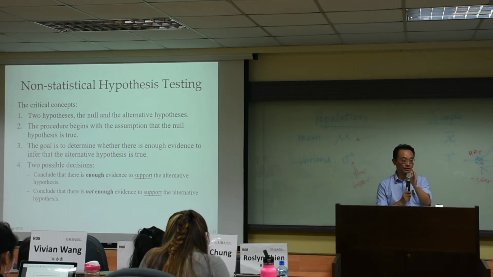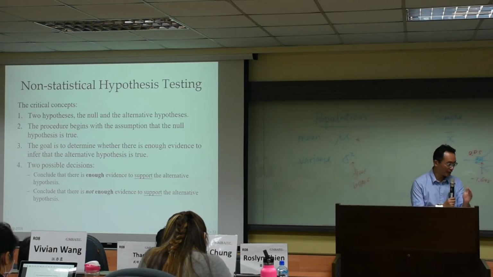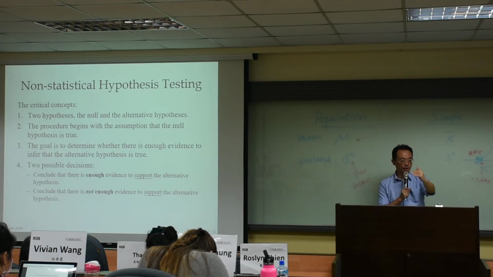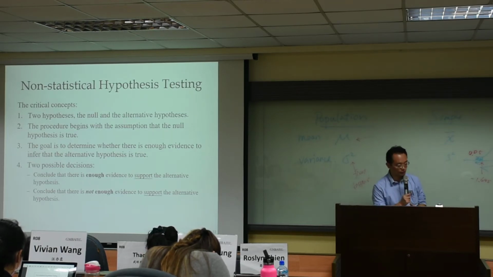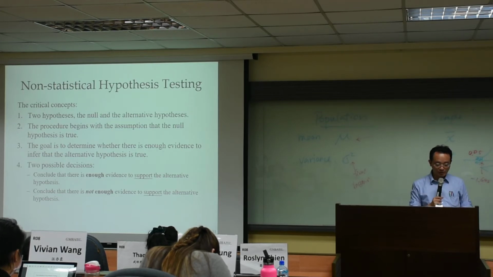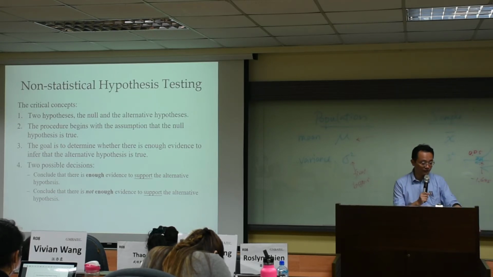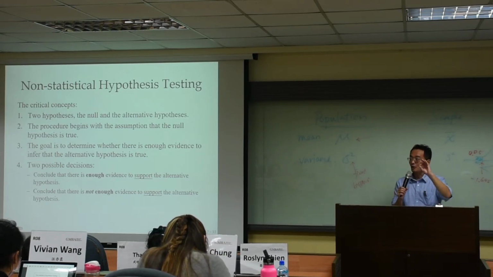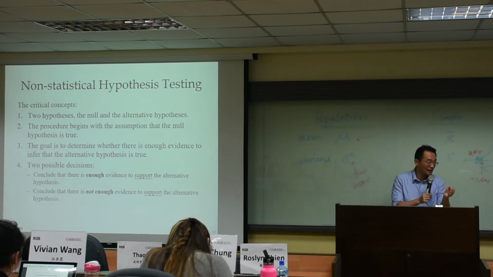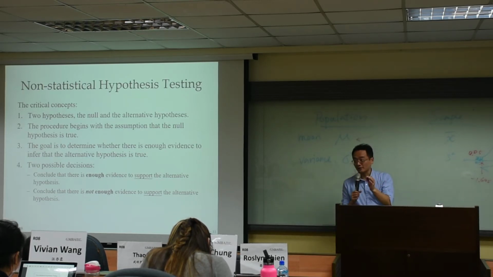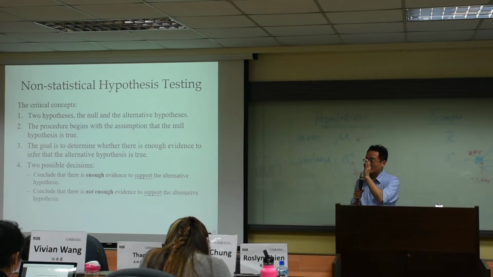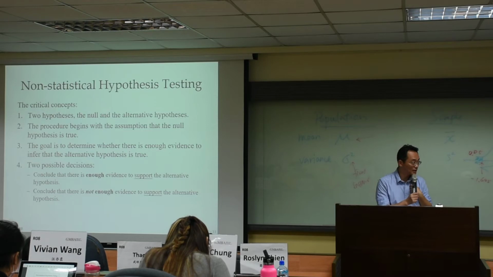Okay, so this is the fundamental starting point of hypothesis testing. We set up the null hypothesis and the alternative hypothesis, and we assume the null hypothesis is true. And the goal is to determine whether there is enough evidence to infer that the alternative hypothesis is true instead. It means that we hope to collect sufficient evidence to reject the null hypothesis. So in this case, H0 and H1, which one is more important to us?